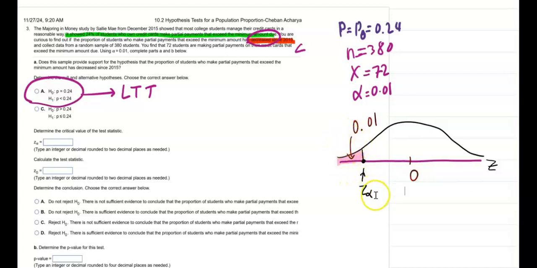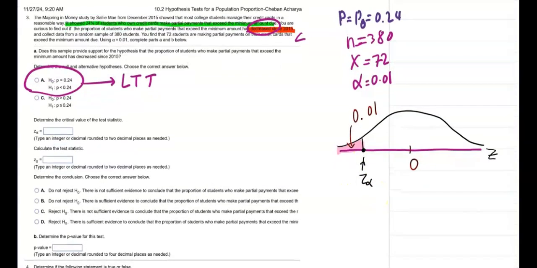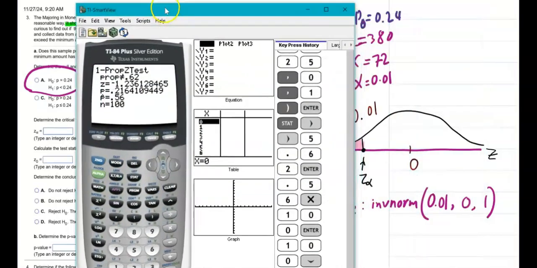To find the critical value, use either a table or a calculator. If you use the calculator, you find z alpha using invNorm, with the left area, comma, 0, comma, 1 inside the parentheses. The area to the left of this point is going to be 0.01, so it's just 0.01, and you use a calculator. Let me show you how you get that.